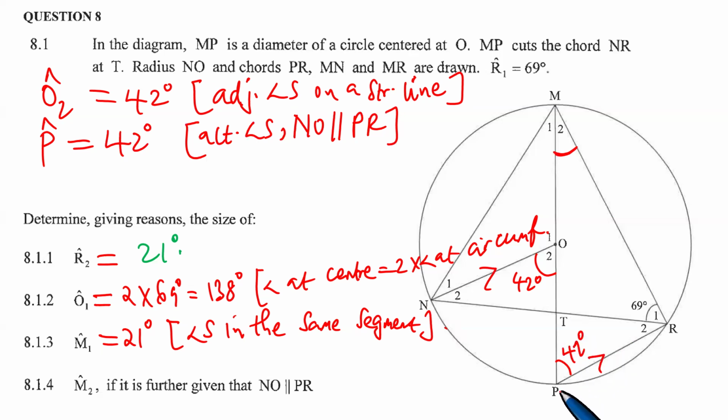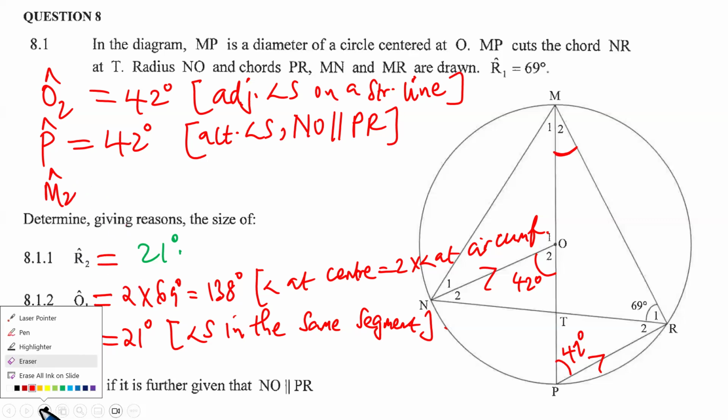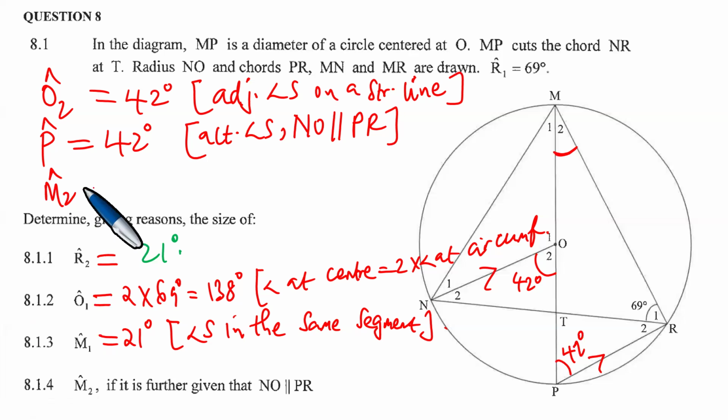Then what is the size of the angle M2 now? M2 is equal to what? 58, sir.